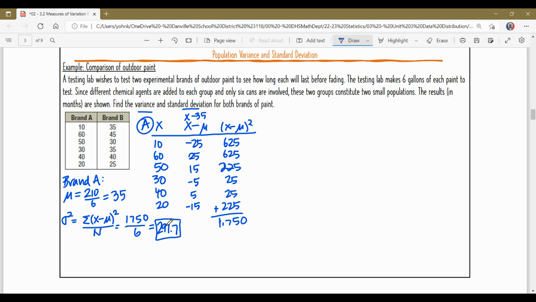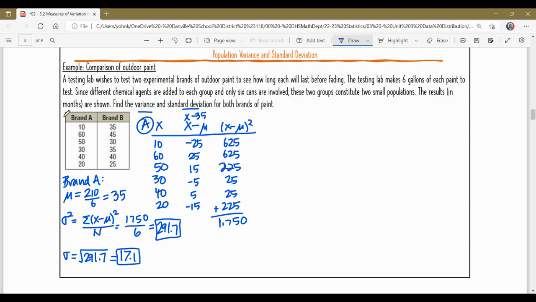My standard deviation is now the square root of whatever you get for the variance, so 291.7. Make sure that you use on your calculator the entire decimal that you got from the previous step. I'm just writing square root of 291.7 so I don't have to write out all those decimals. When I do this, I get 17.1.